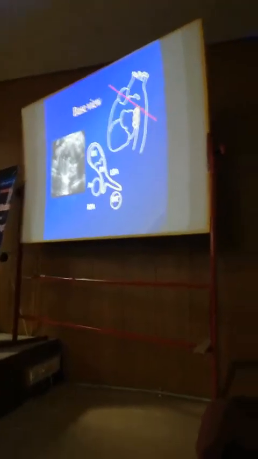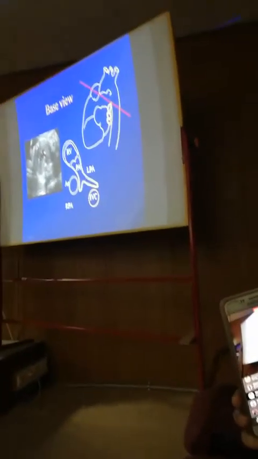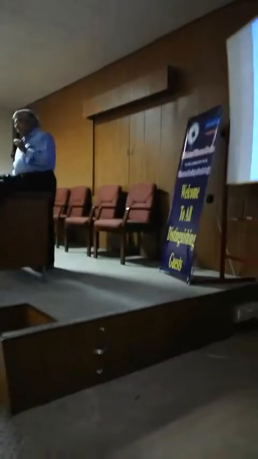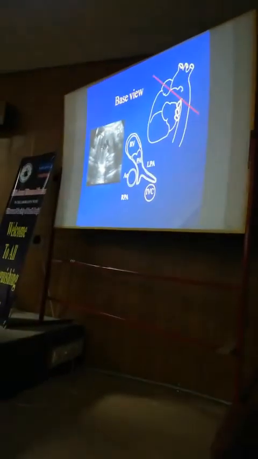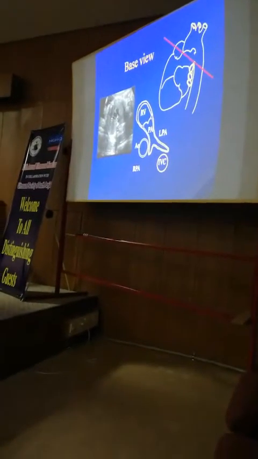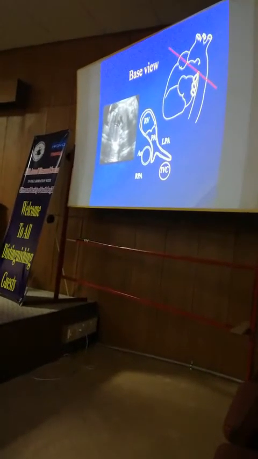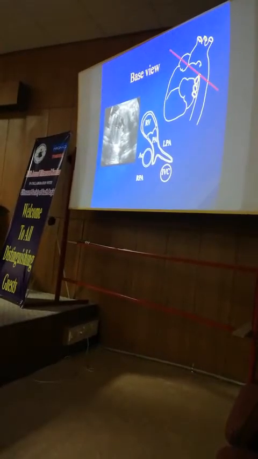अब बेस यू से थोड़ा सा आगे चलिए. तो आपको you can either see this is the right and this is the ductus. If it is going straight, it is the ductus. If it is sweeping in front of the aorta, it is the right pulmonary artery.